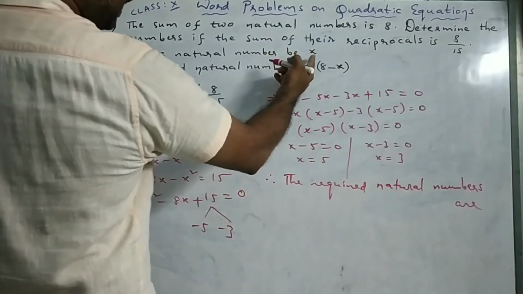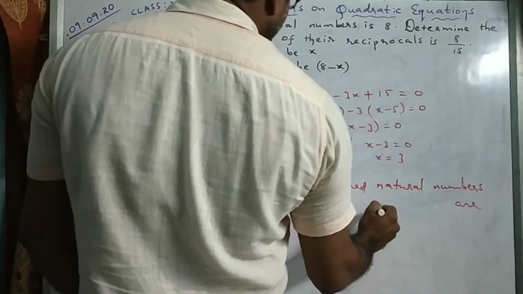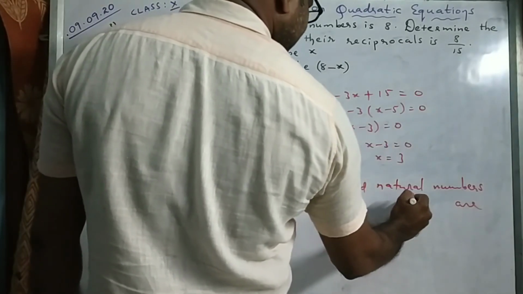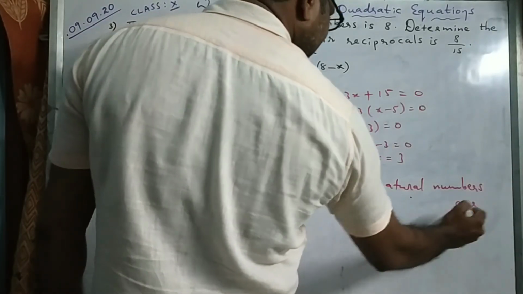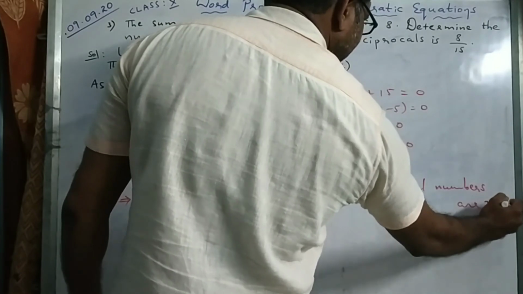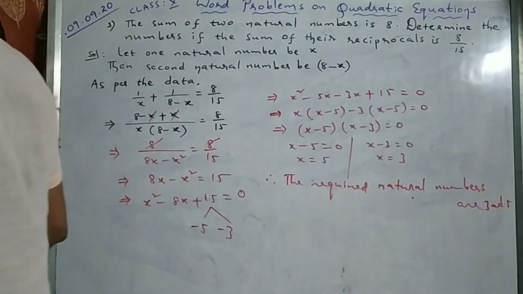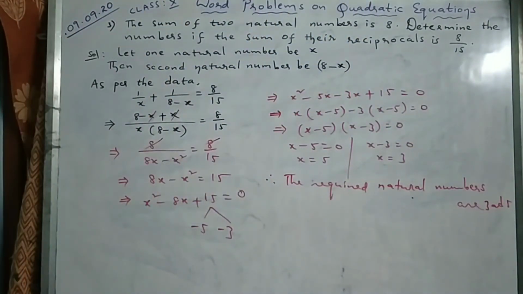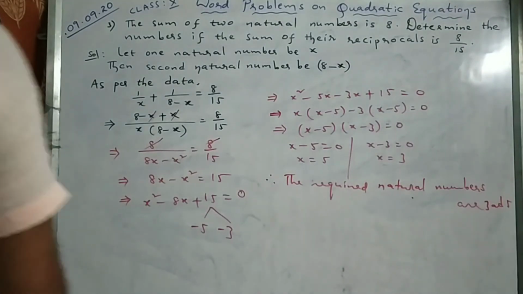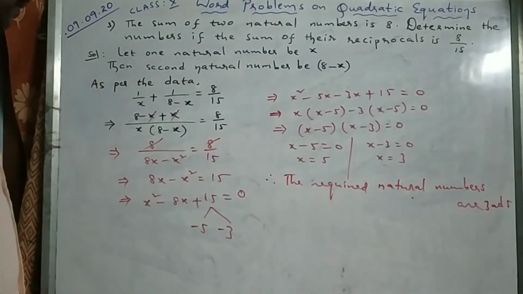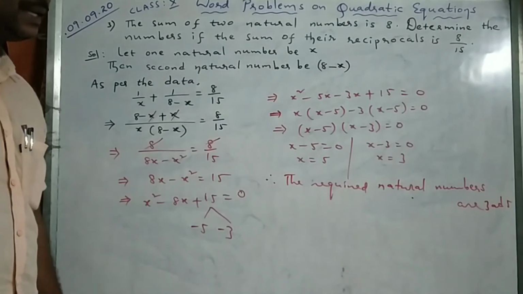If you take 3 here, 3 comma 5. So the required natural numbers are 3 and 5. We will see some more problems in the next class. Thank you.